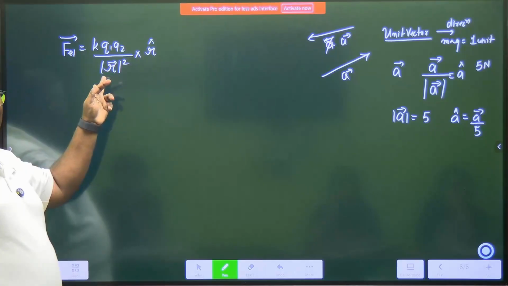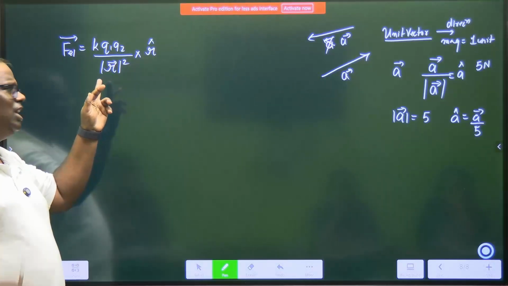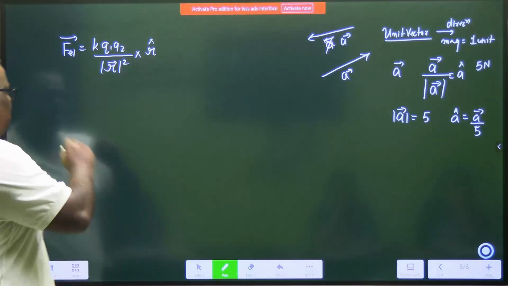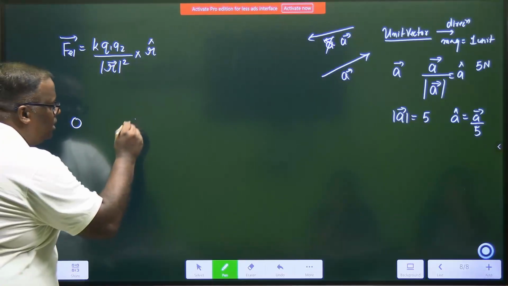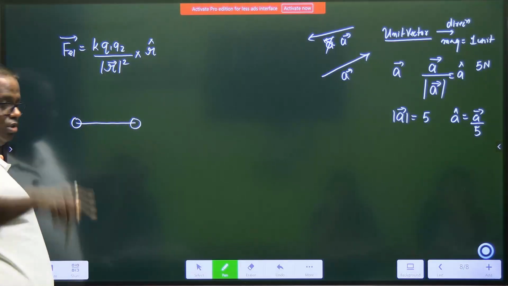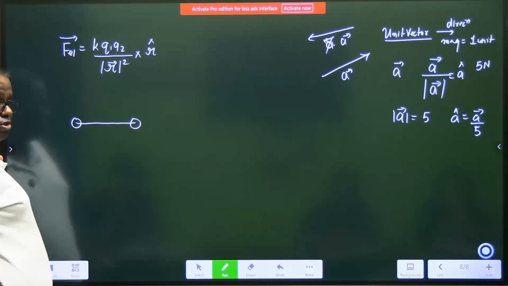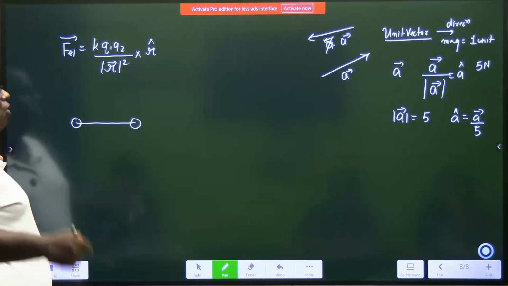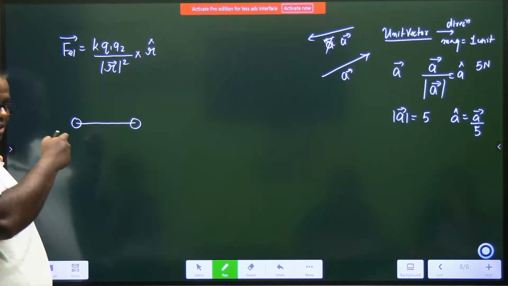R. What is R? We may not derive it, but first understand what R is. R is the distance of separation between the two charges. And what did you learn? That the force of attraction or repulsion always acts along the line joining them.